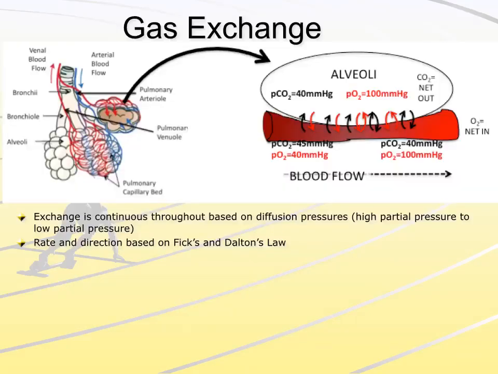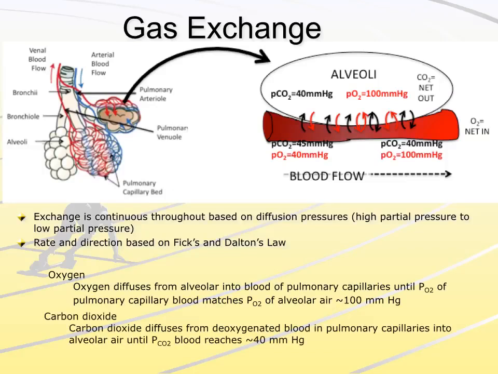So gas exchange is going to be continuous. It's going to be continuous through the alveoli, in between the alveoli and the pulmonary capillaries, where we're going to constantly be moving from high pressure to low pressure in a countercurrent mechanism until we get equal pressures on both sides of the membrane, where the net is going to be carbon dioxide out and oxygen in, in terms of the gases that we're wanting to look at.